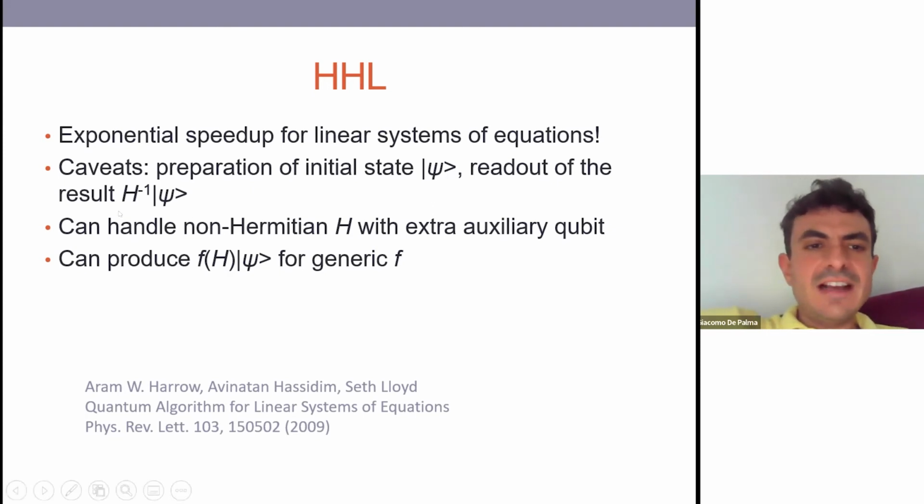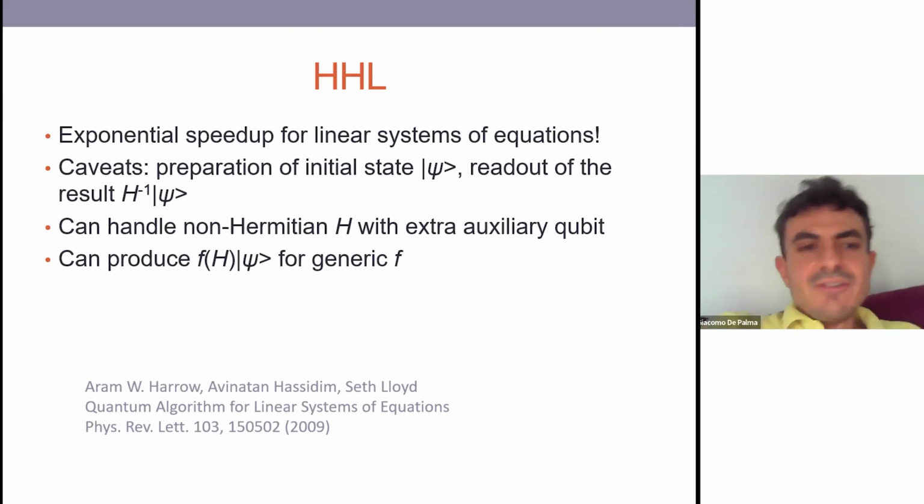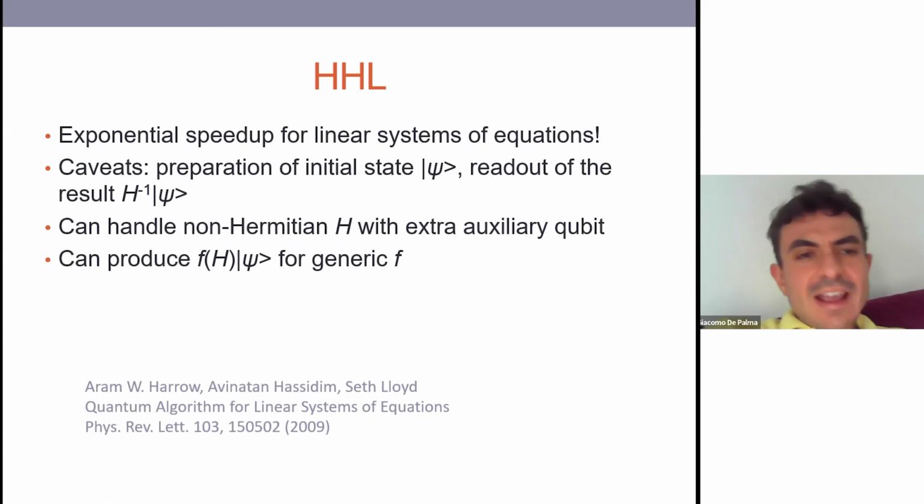And then the second caveat is the fact that we have the solution encoded in the amplitudes of a quantum state. So we have a quantum state proportional to H^-1 psi, which is the solution of our linear system of equations. And of course, if we want to measure all the amplitudes of this quantum state, we will need an exponential number of copies, and this will destroy the speedup.